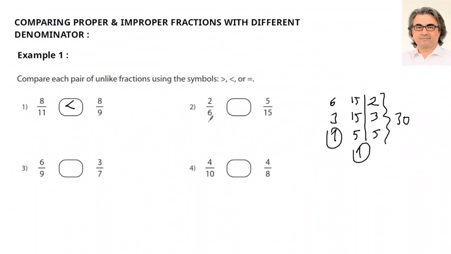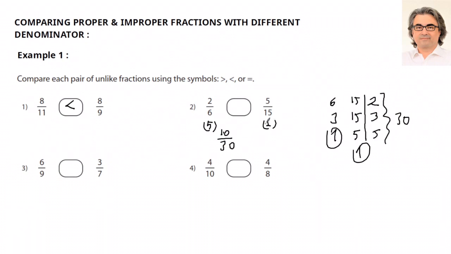So I should multiply by 5 for 6, both numerator and denominator of this fraction, and by 2 for this fraction, the same way. 5 times 2 is 10. 5 times 6 is 30.